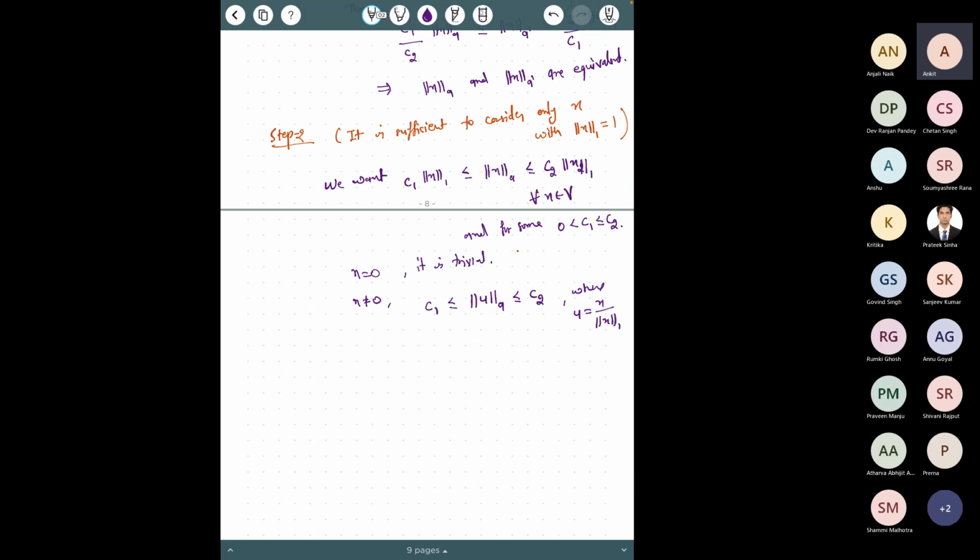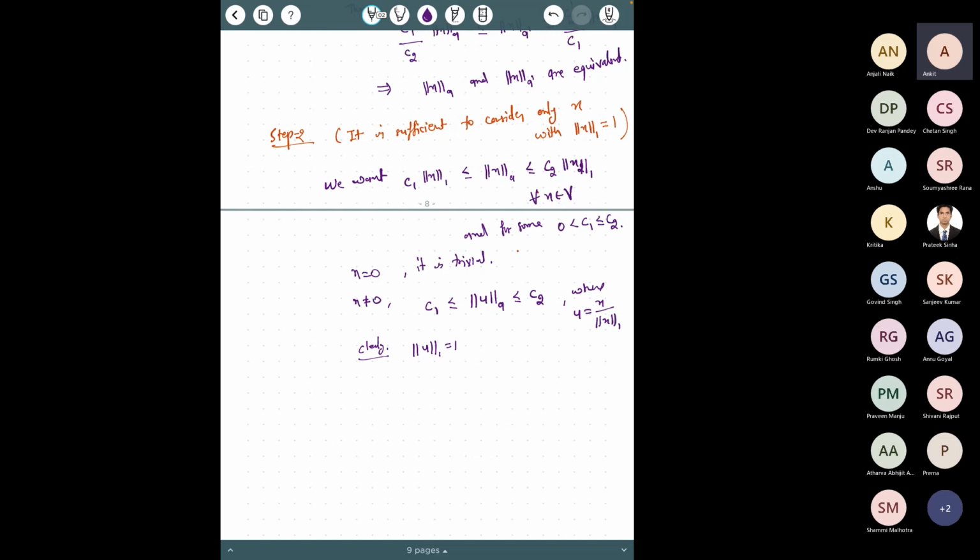So clearly from here you can say that one norm of u is equal to 1. The norm of u I don't know, but the one norm of this is 1. So even if I prove this result for all vectors x such that one norm of x is 1, then I'm done. Then it is equivalent to doing it for any vector x, right?